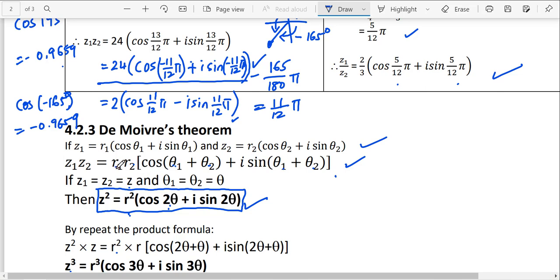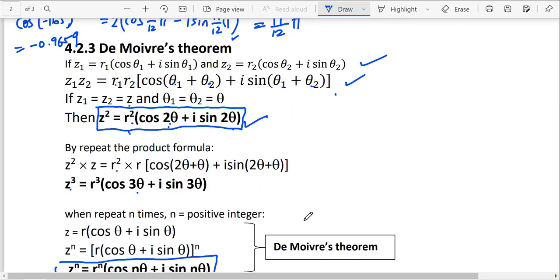If Z squared, the r will become r squared. The theta 1 and theta 2, both also theta, theta plus theta, I get 2 theta. This one also theta plus theta, I get 2 theta. So I have another formula now. This is called De Moivre theorem.